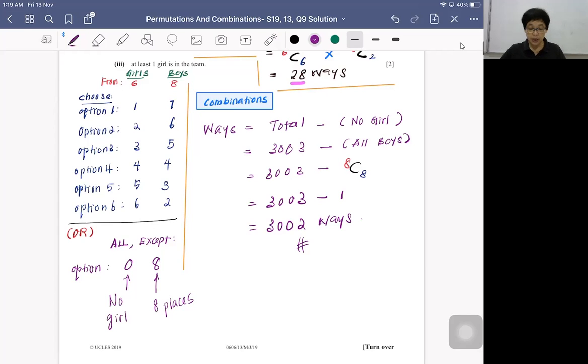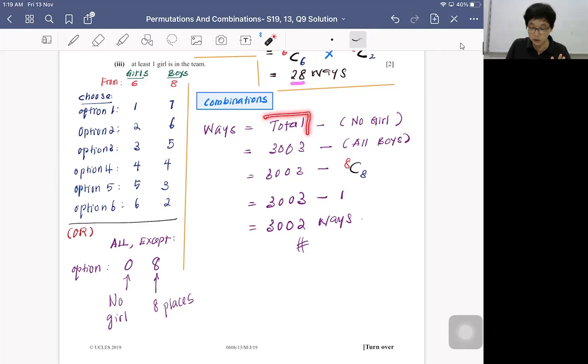Okay, so if you look at that, it is much easier if we take it from this perspective. And from the display of the working, that is what we are going to do.